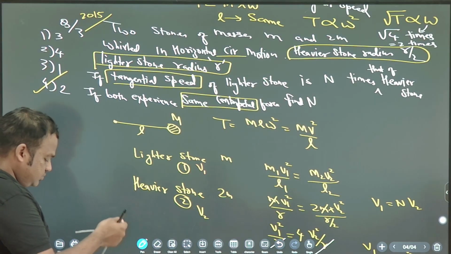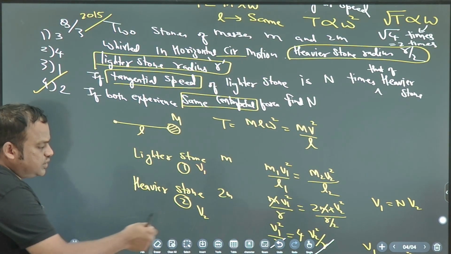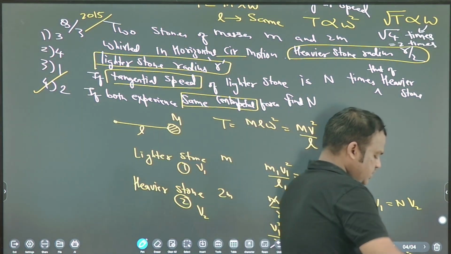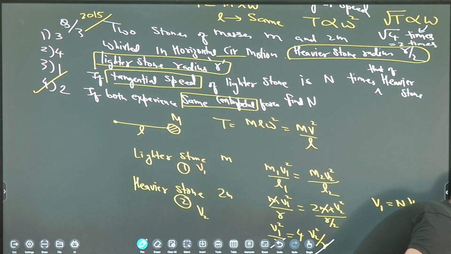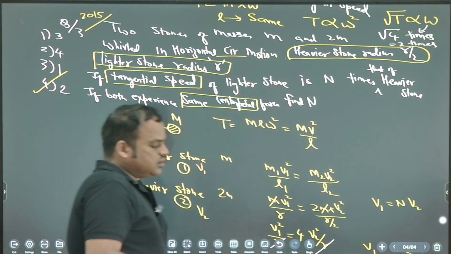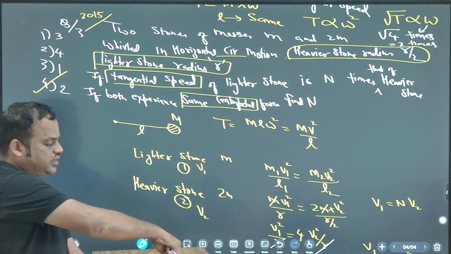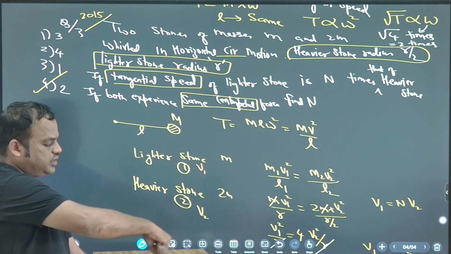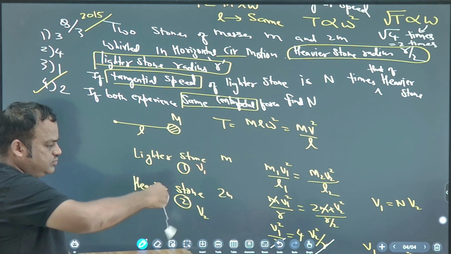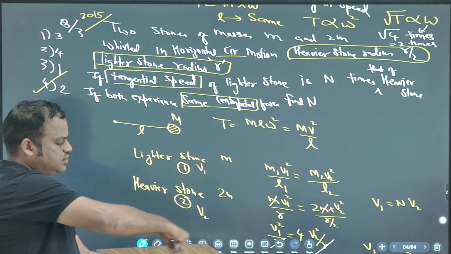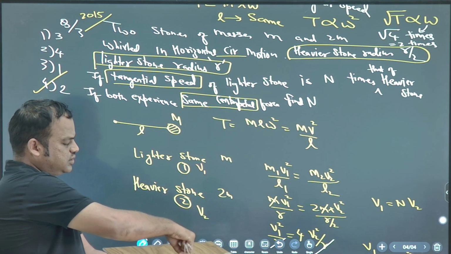Horizontal circle. So horizontal circle like this I have shown. So it is like this. This is the horizontal table. This is the circle like this. Now radius is less, so like this. This is the horizontal circular motion. Correct.